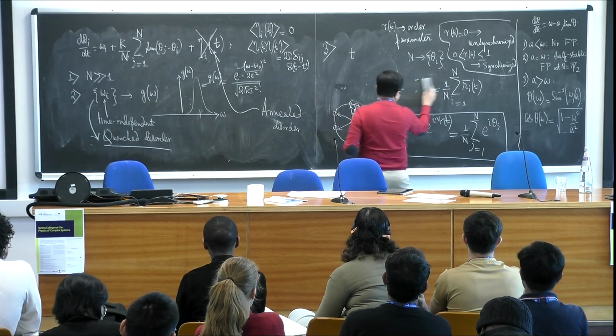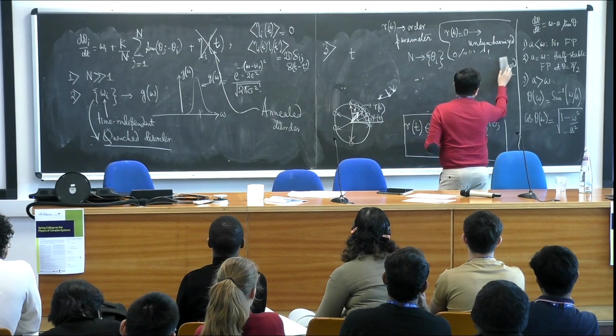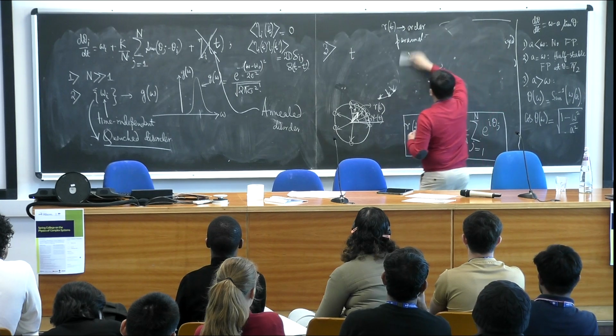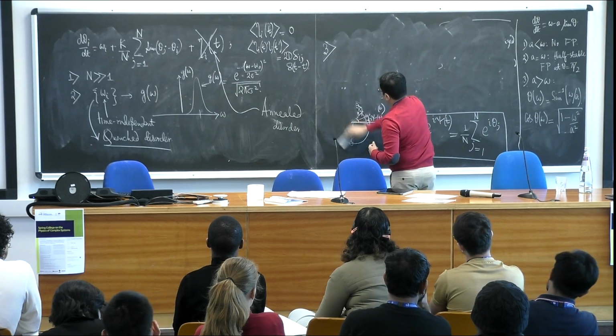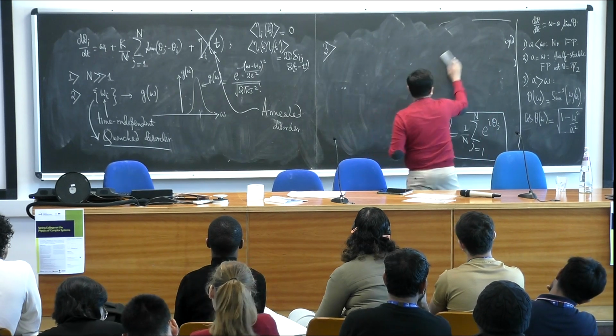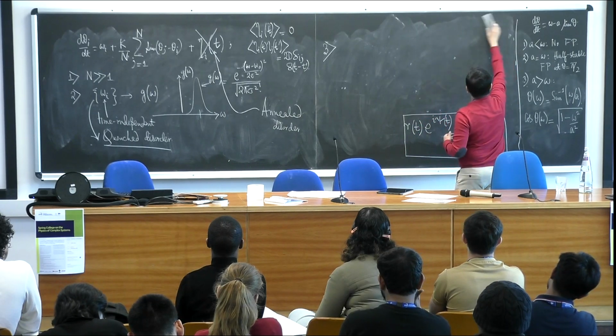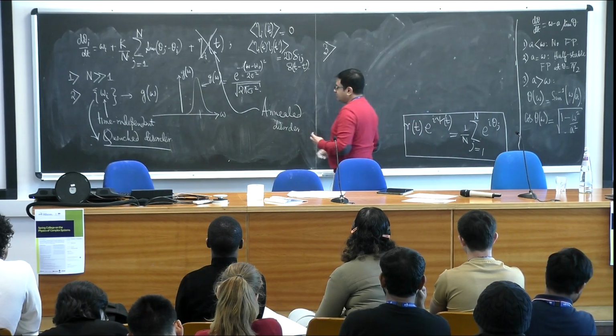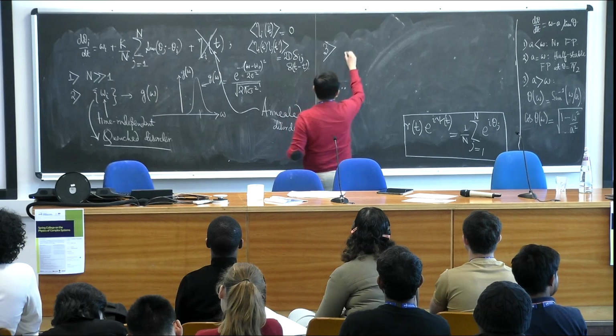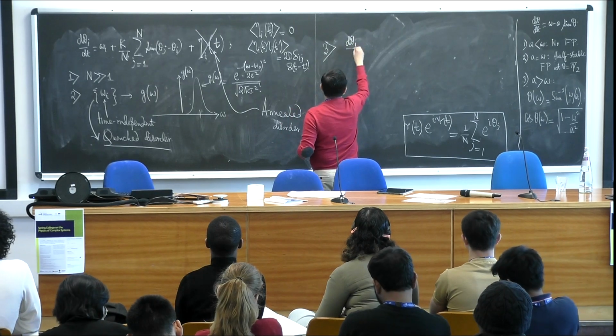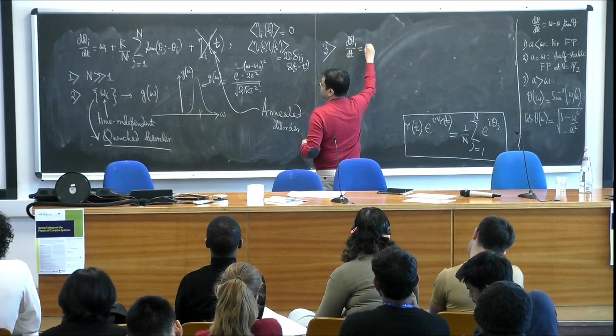So why do I do this one? Because it allows you to rewrite the equation of motion in a much simpler manner. And in fact, this was the great insight. So let's just write this equation of motion out fully.